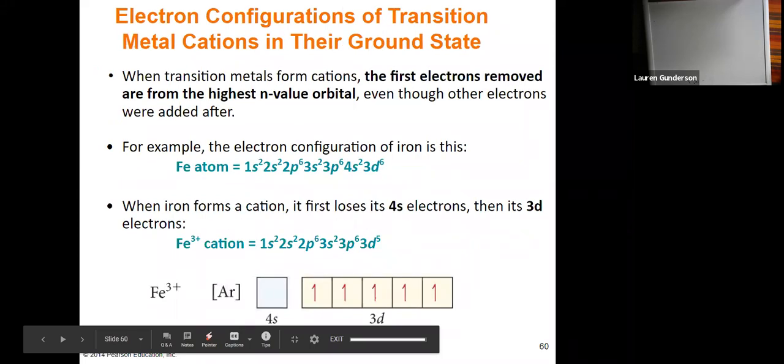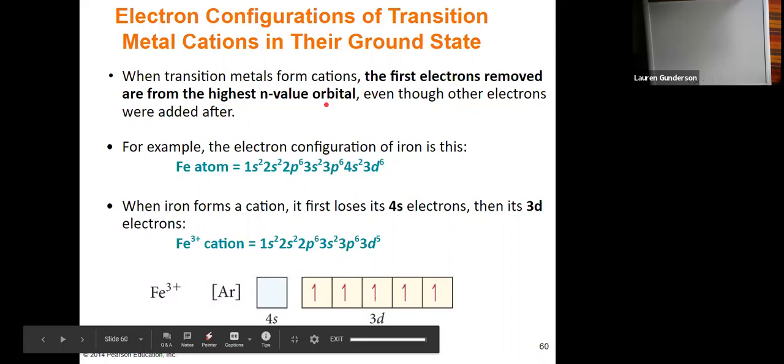Now, when you have transition elements, transition metals, you have to go through a slightly more complicated process. You want to remove electrons still from the highest n value orbitals first, okay?